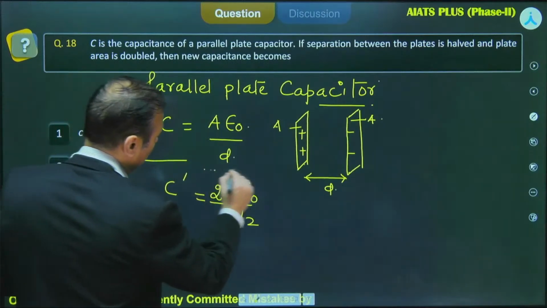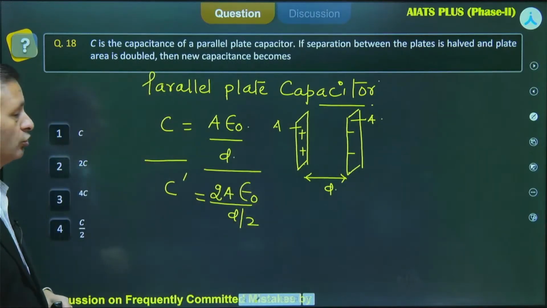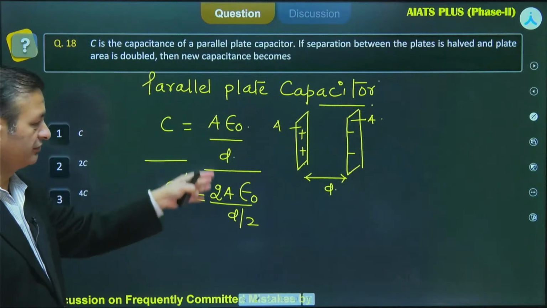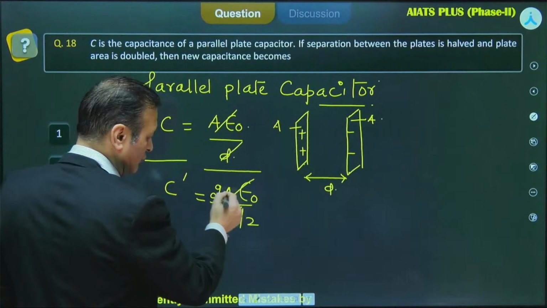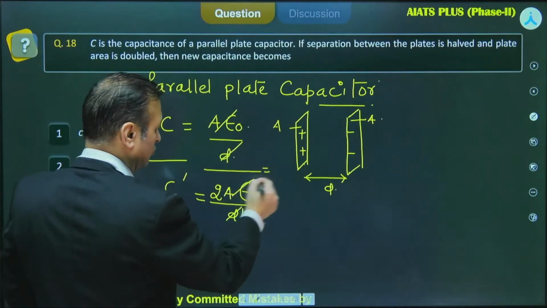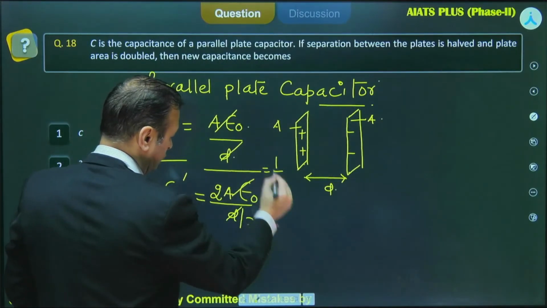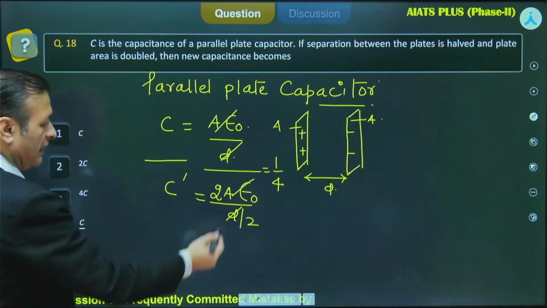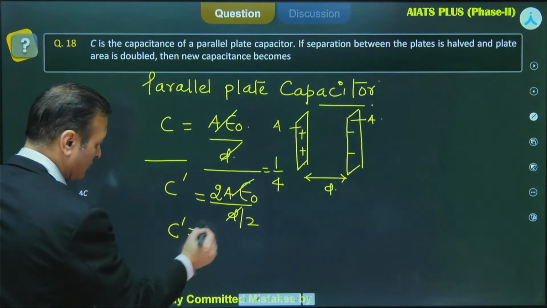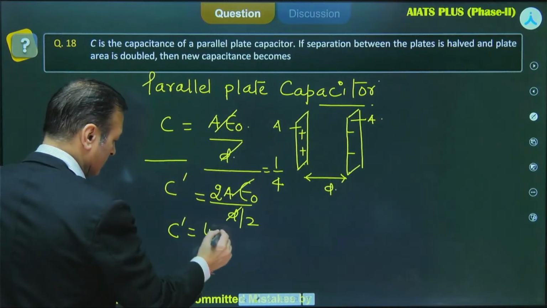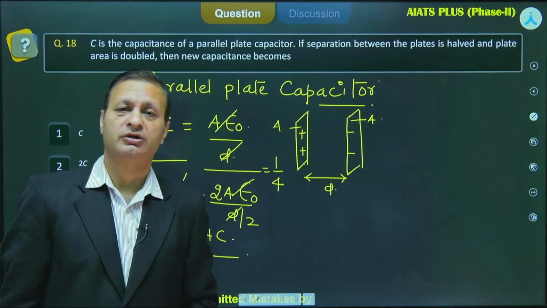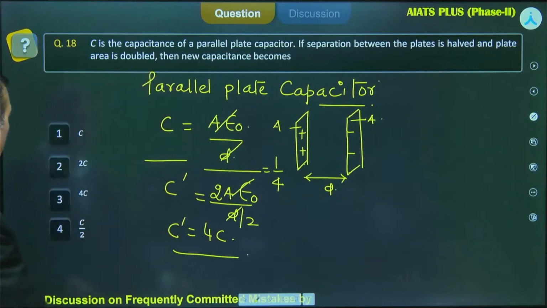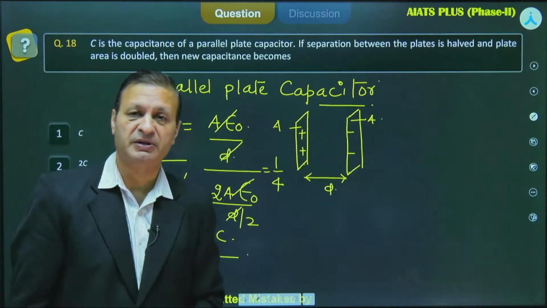The best way to deal with this kind of numerical is always to go with the ratio. So A epsilon naught by D cancels, and this 2 comes out at this position. So this is 1 by 4, and we have to find C dash when you multiply this. So it gives you 4C. It means your new capacitance becomes 4C. So this is the simplest of all.